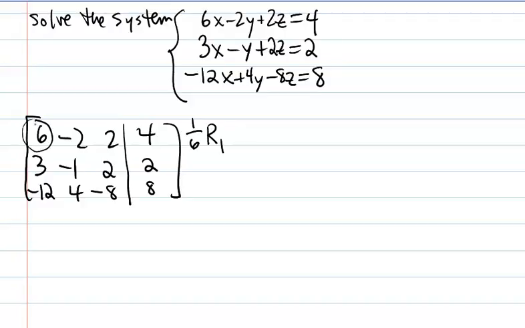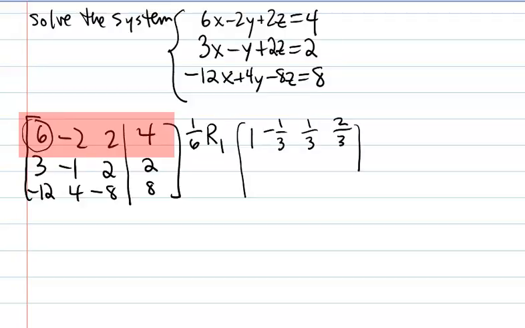This is my pivot position. 6 times 1/6, -2 times 1/6 is -1/3. 2 times 1/6 is +1/3. 4 times 1/6 is +2/3. And the other two rows I'm leaving alone.